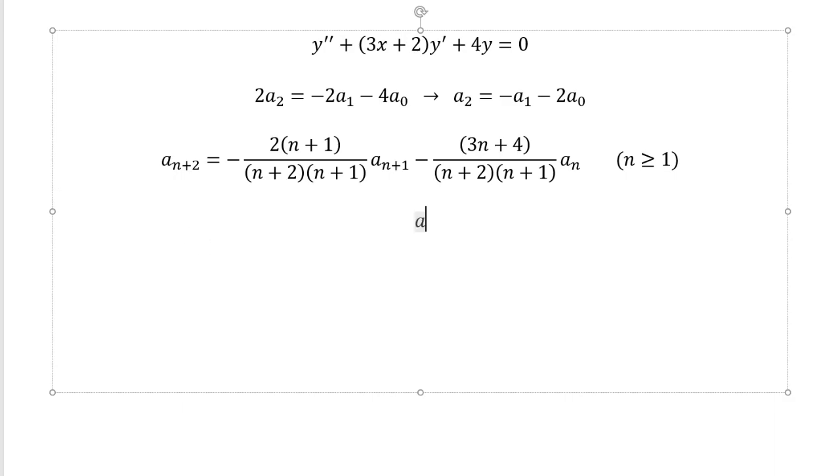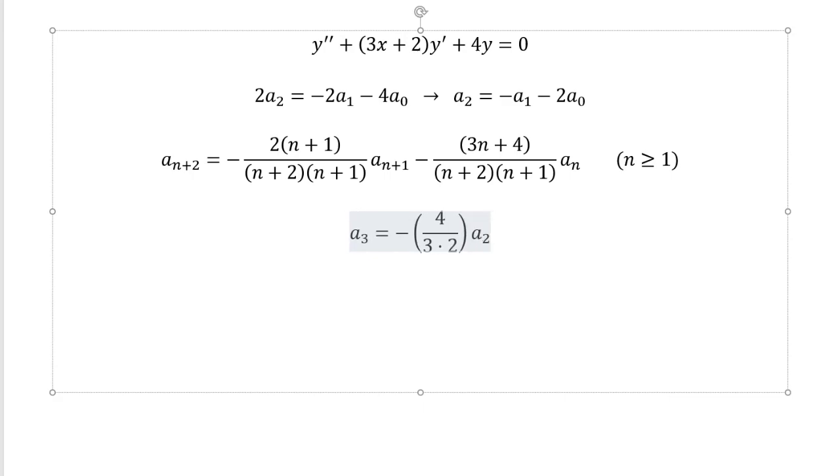So we have a3 equals negative 2 times, if n is 1, 1 plus 1 is 2, 2 times 2 is 4. So you get 4 divided by, let's see, 3 times 2, a2, right?